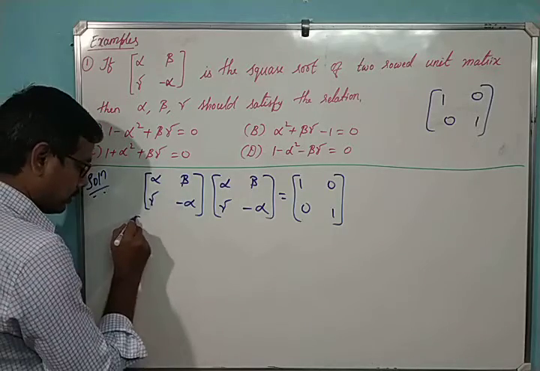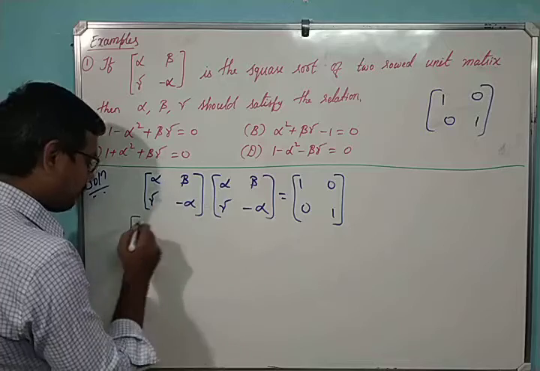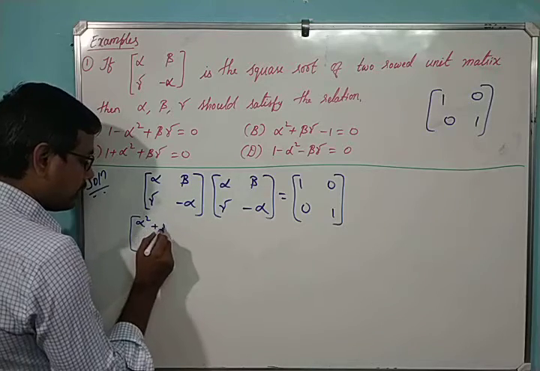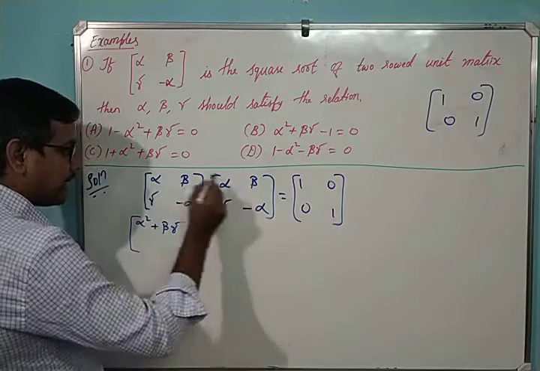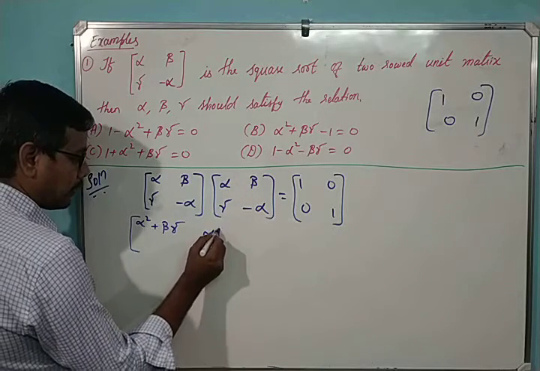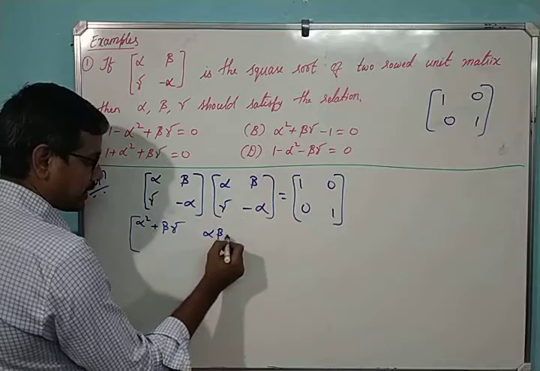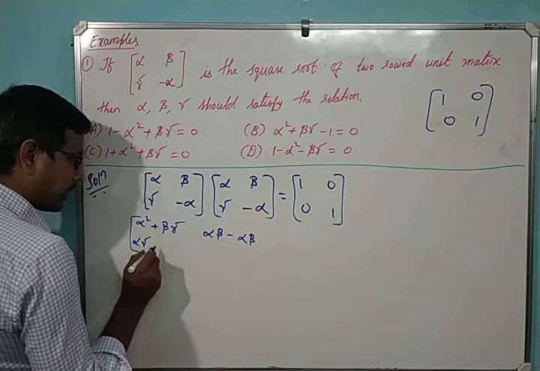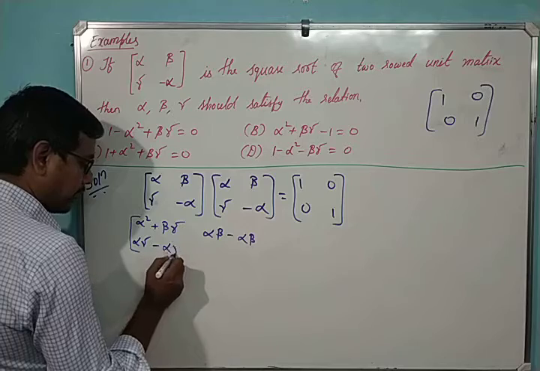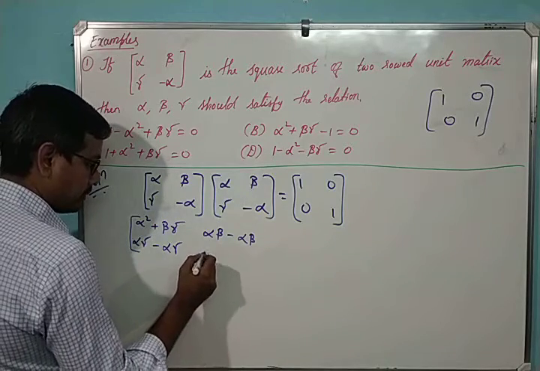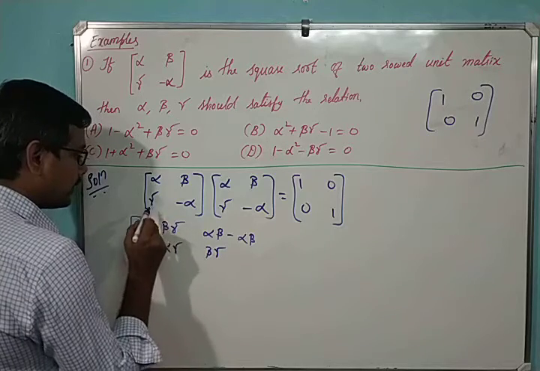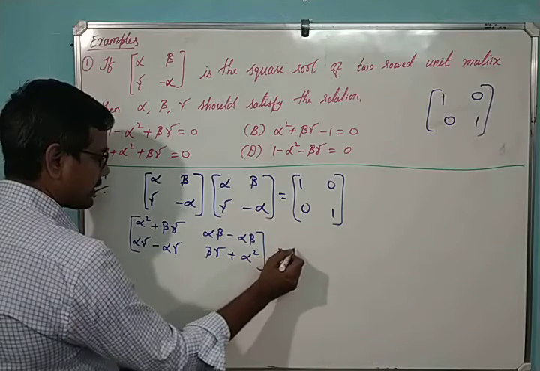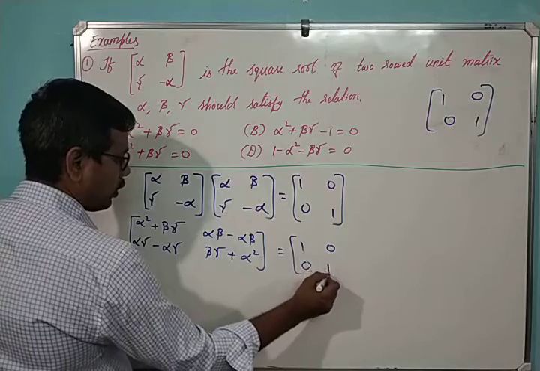So now applying matrix multiplication: alpha into alpha, alpha square; beta into gamma, beta gamma; alpha into beta, alpha beta; beta into alpha, this is minus alpha beta; gamma into alpha, alpha gamma, minus alpha gamma; then beta into gamma, that is beta gamma; then minus into minus plus alpha square is equal to what? 1 0 0 1.